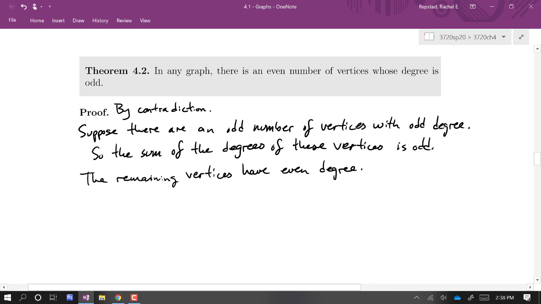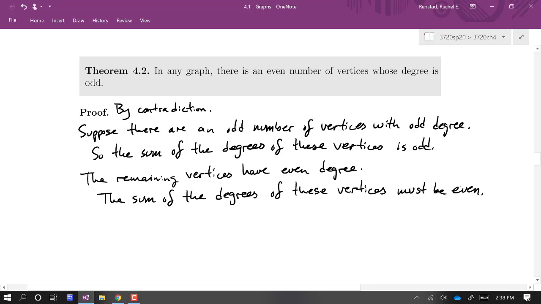No matter how many of them there are, I'm adding even numbers together, so their sum has to be even. And so now, let's take a look at the sum of the degrees of all vertices.